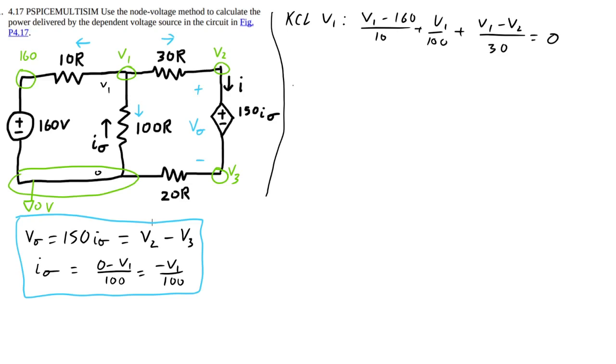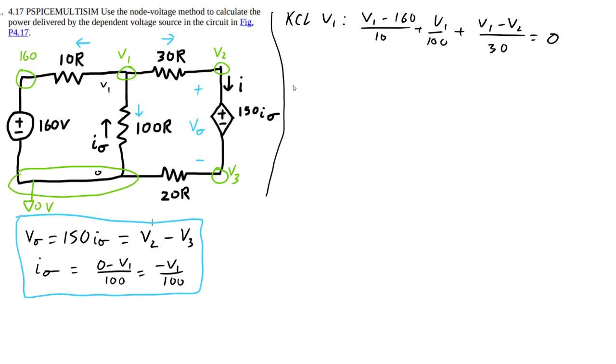Now, one limitation, the supernode thing. We're going to try and start to do this for a node at V1 or V2 and V3. The problem is that nodal analysis can't handle voltage sources that aren't referenced to ground or some other reference node. So how do we get around that?